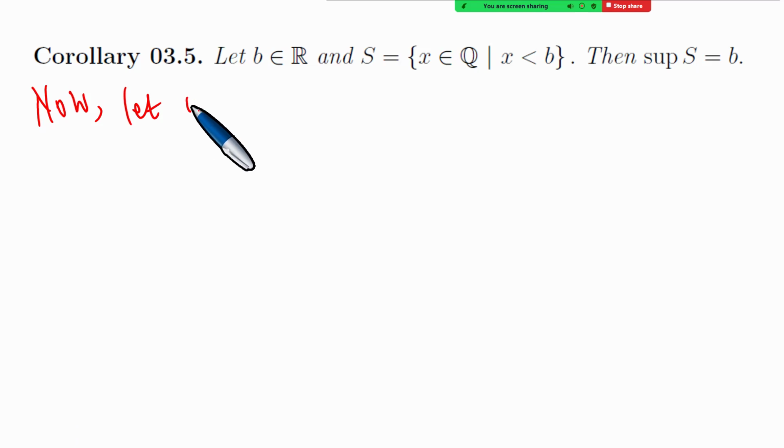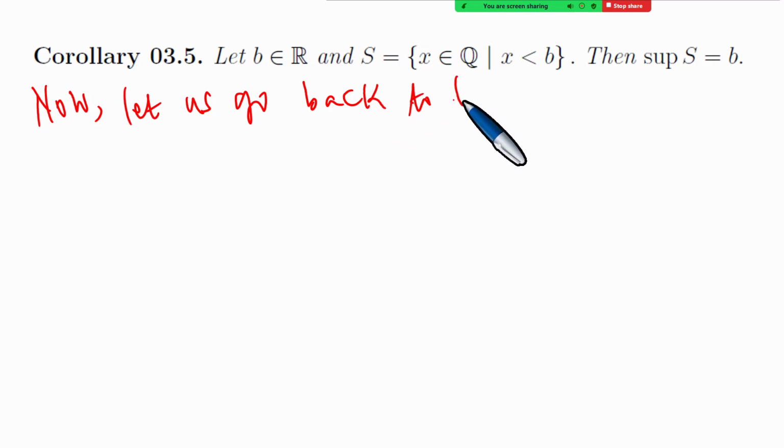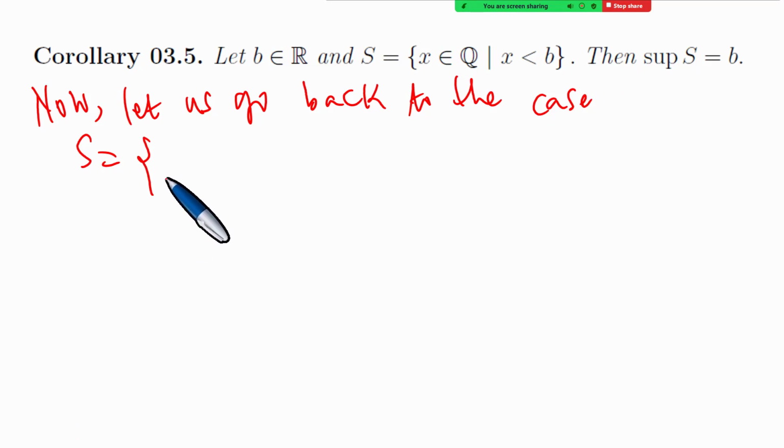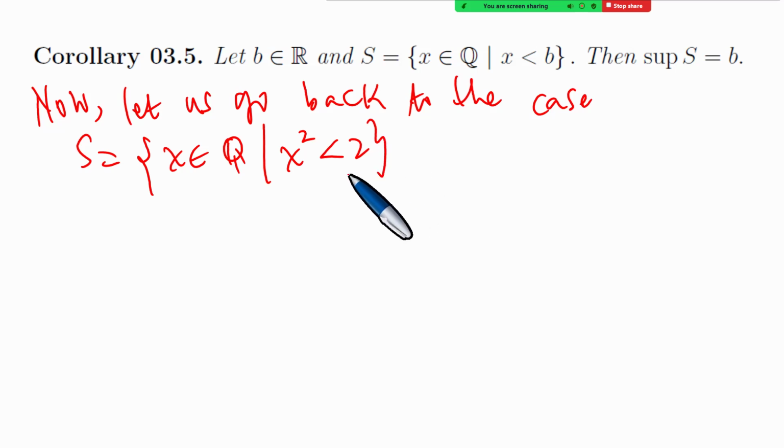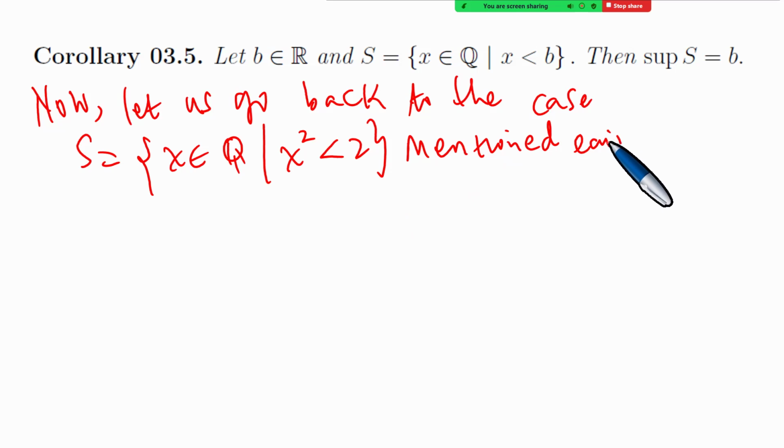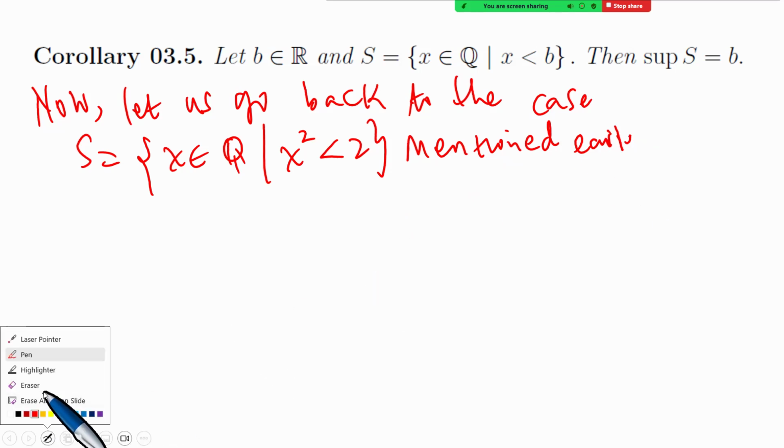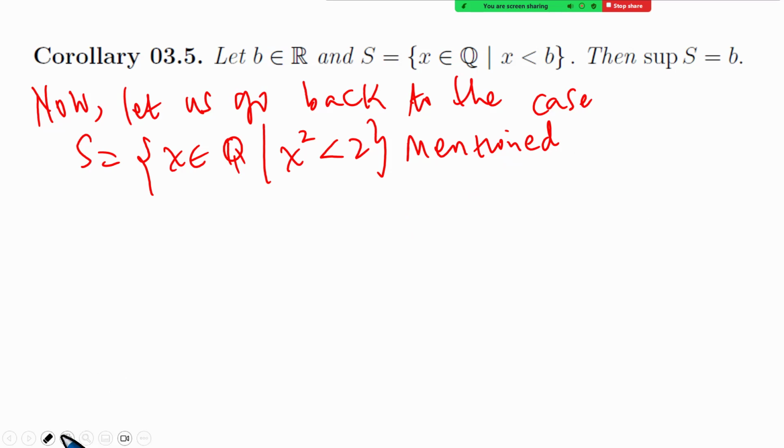Let us go back to the case S equals {X in Q such that X squared is less than 2}, mentioned earlier.